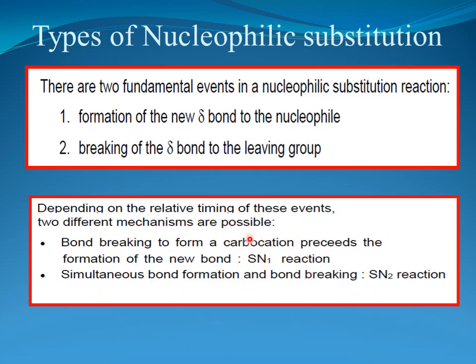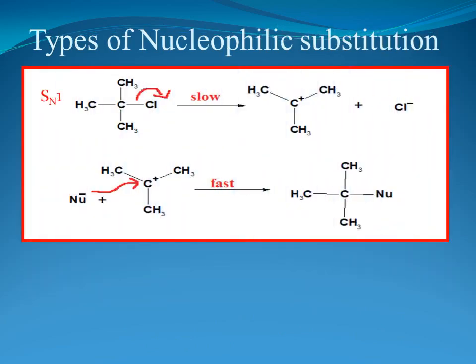Students, let us apply the two events that we have already discussed on these chemical equations. The first one represents substitution, which is the SN1 reaction, nucleophilic substitution unimolecular. Now students, you have to concentrate on the sequence of events. Look at the first chemical equation, in which the carbon to chlorine bond is going to be broken. It is a slow reaction.